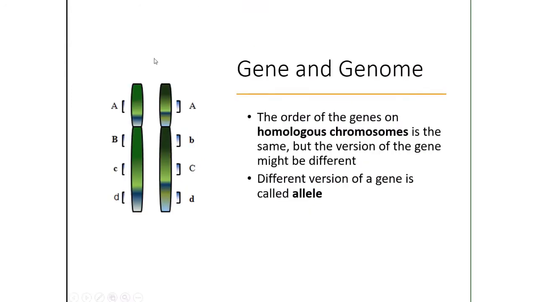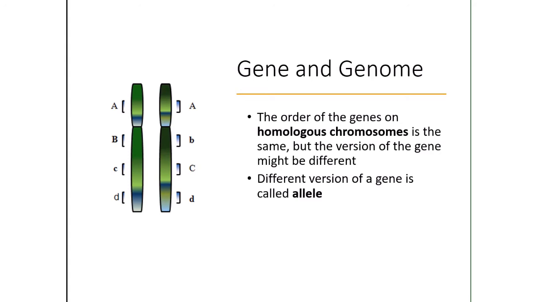I've been telling you that your chromosomes are inherited from each parent, 23 from each parent. So you will have 2 chromosome 1, 2 chromosome 2, all the way to 2 chromosome 22. And for the sex chromosomes, you would either have XX as a female or XY as a male.